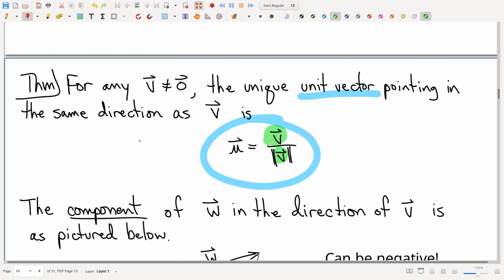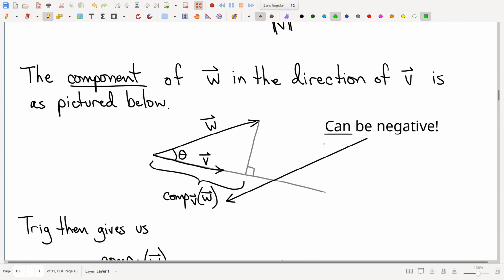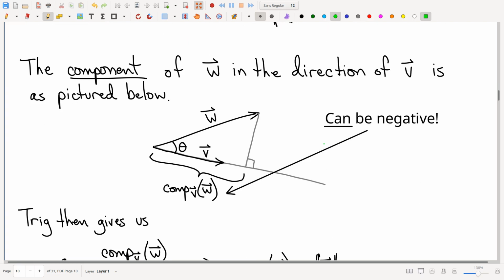Okay. All right. Here's another thing that I think is worthy of mention, just because this might not have come up in linear algebra class. This idea of a component. Suppose that we have some vector w. It points a certain amount in some direction.